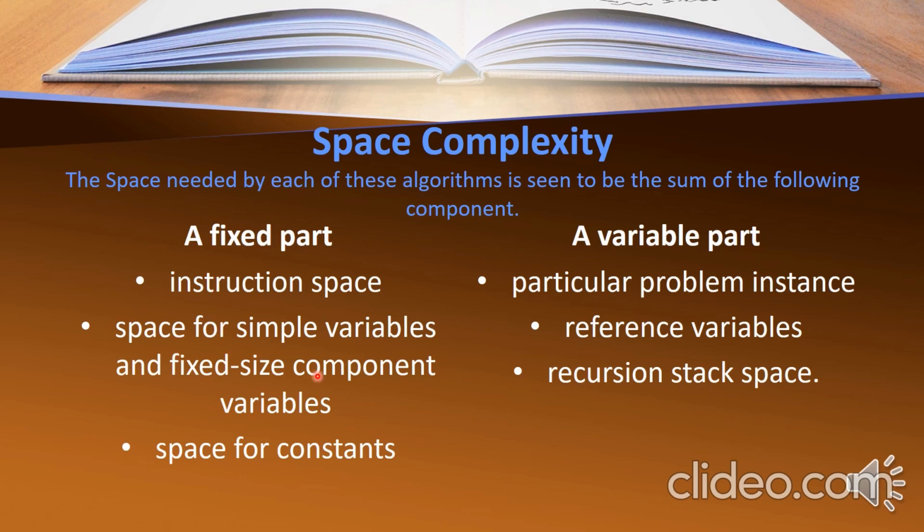Then space for simple variables: if it is int, you can consider 2 bytes; if it is float, 4 bytes, and so on, based on the compiler. Then fixed size component variables, and space for constants. These three things come under the fixed part.